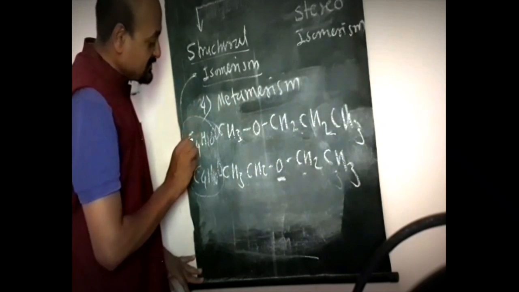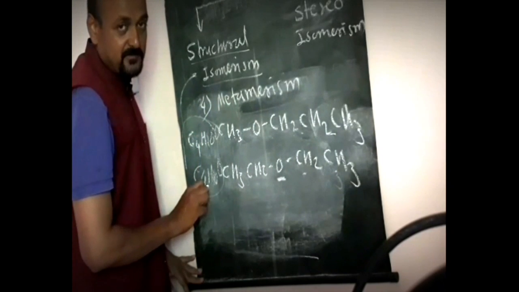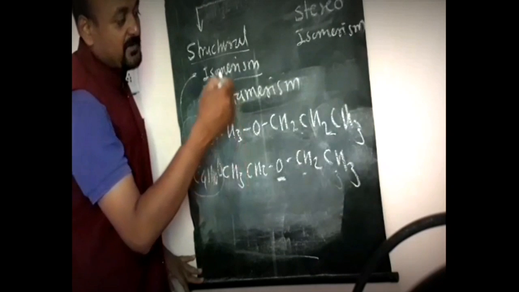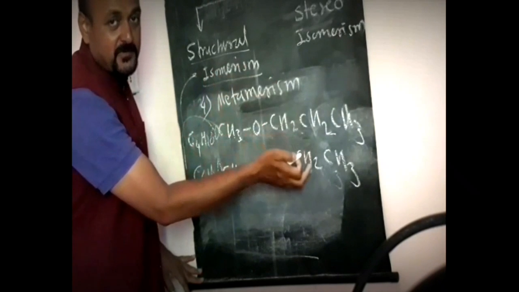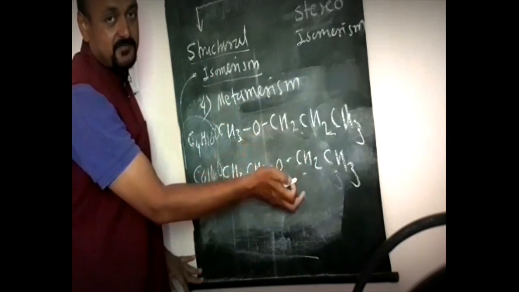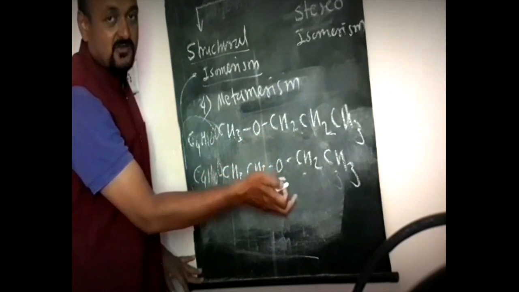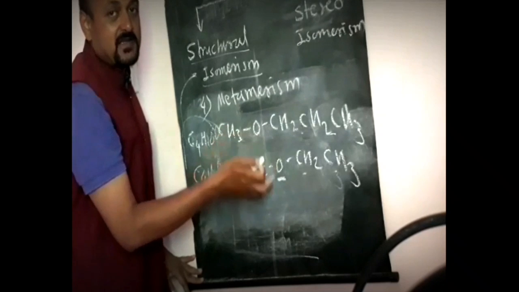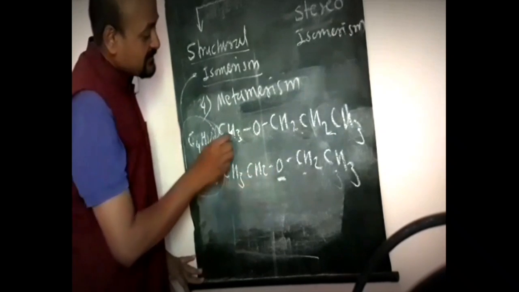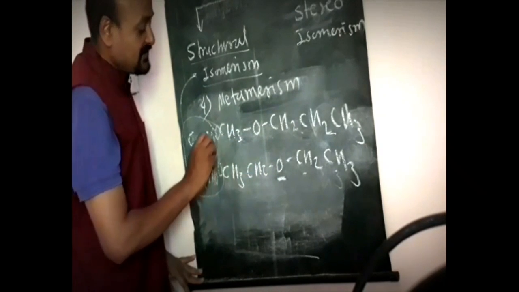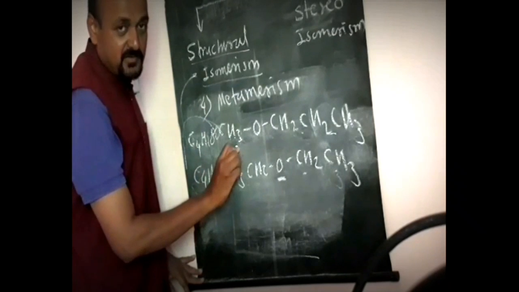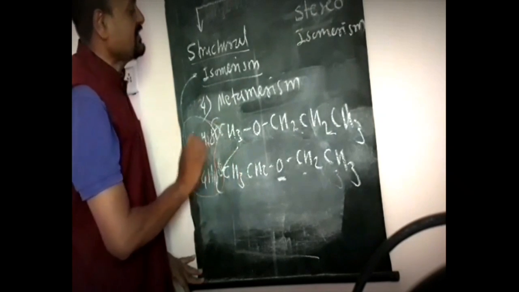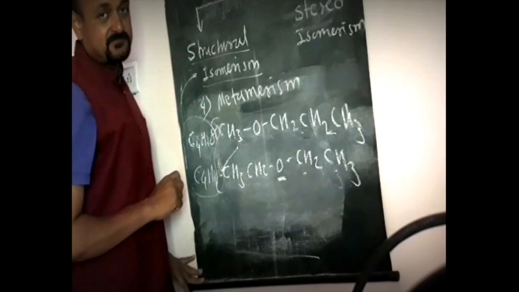That means compounds having the same molecular formula, but the number of carbon atoms on either side of the functional group is different. So such isomers are known as metamers, and this phenomenon is known as metamerism. Here also, you just see the structures. These two have different structural formulas. That's why they are known as structural isomers.